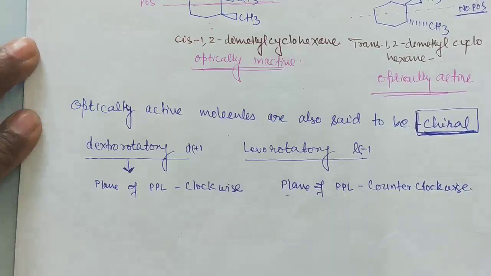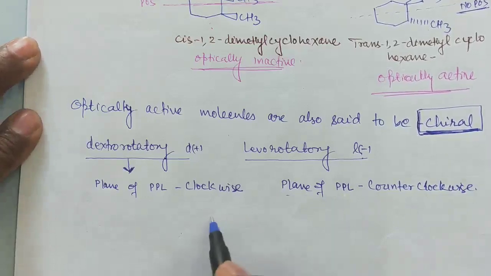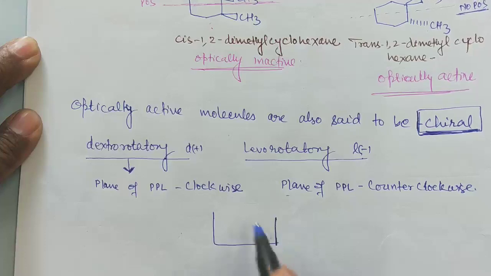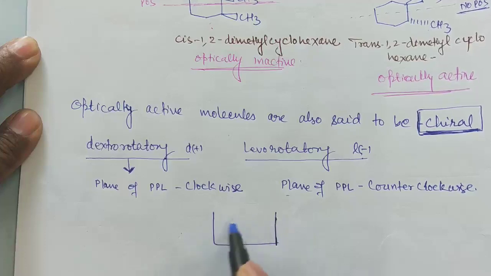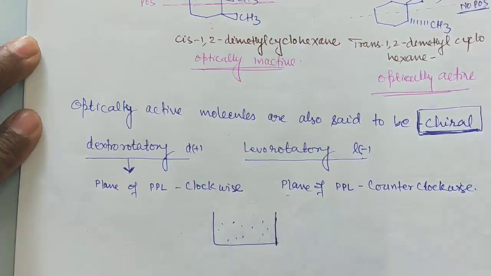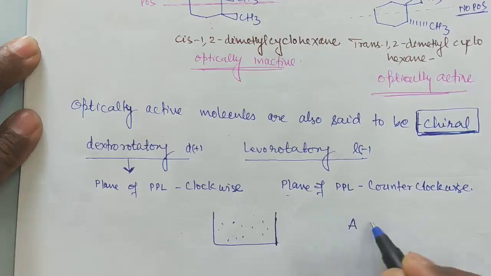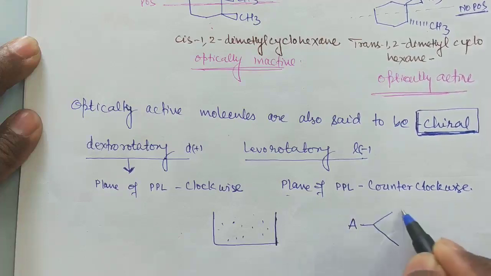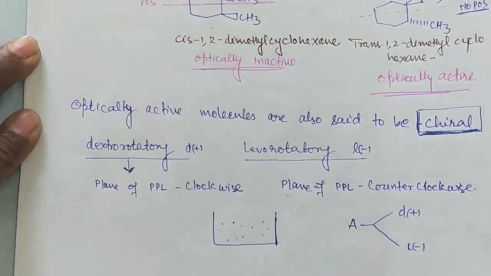Suppose one solution is given to us, and we have a chiral molecule or optically active molecule A, which has two isomers D plus and L minus.